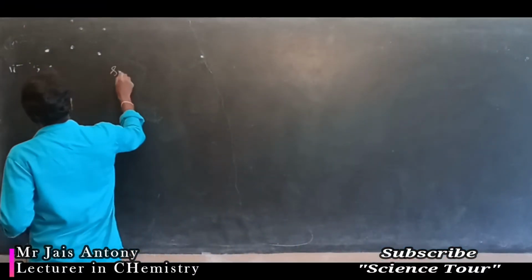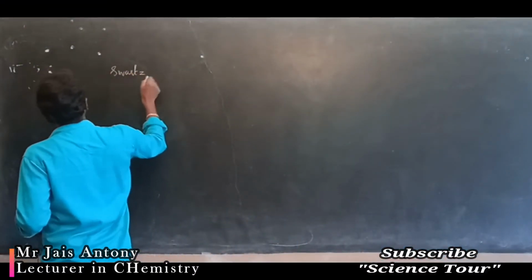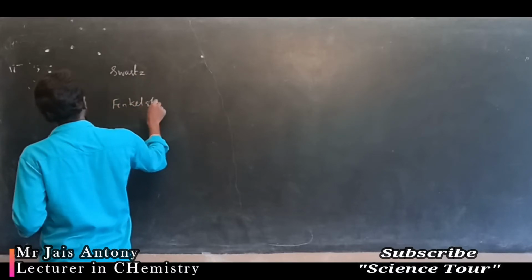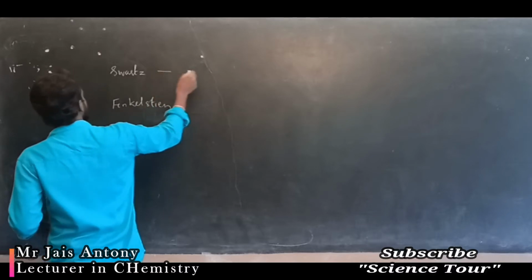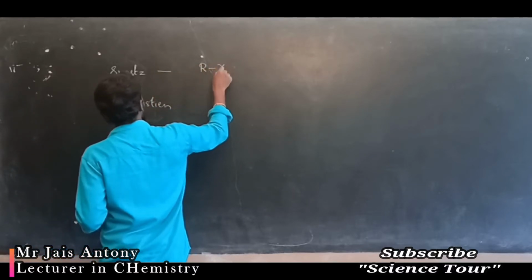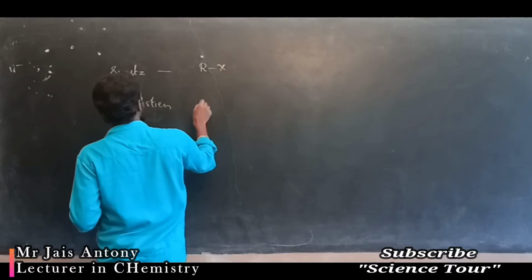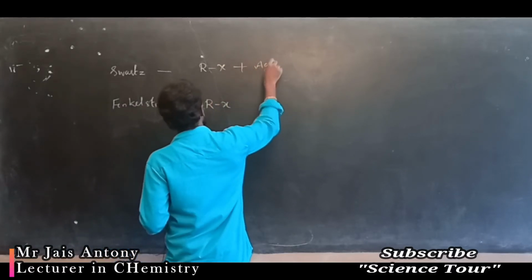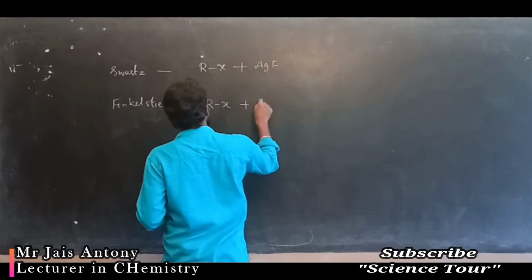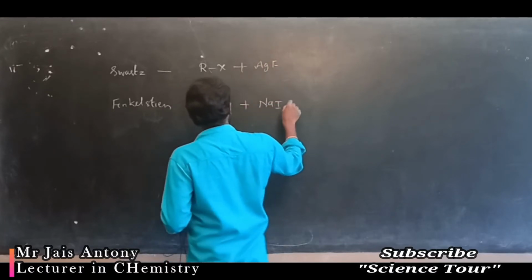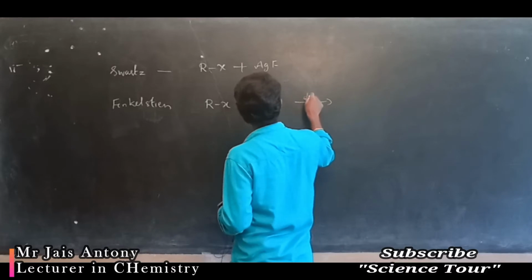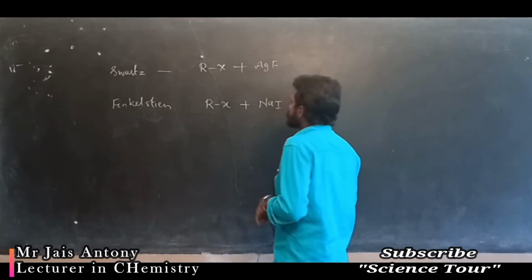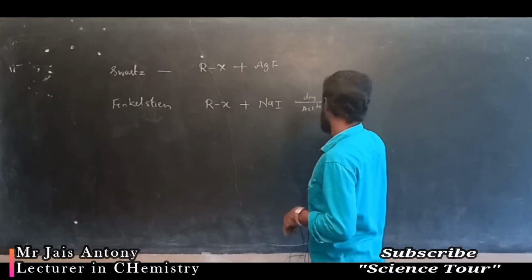Okay, next is the Swarts and Wilkinson reaction. Here is an alkyl halide, and here also an alkyl halide. One reacts with silver fluoride, the other with sodium iodide. Dry acetone is used here.